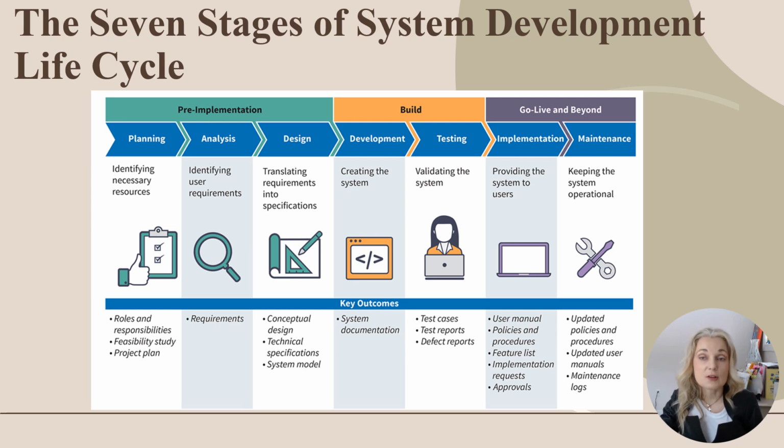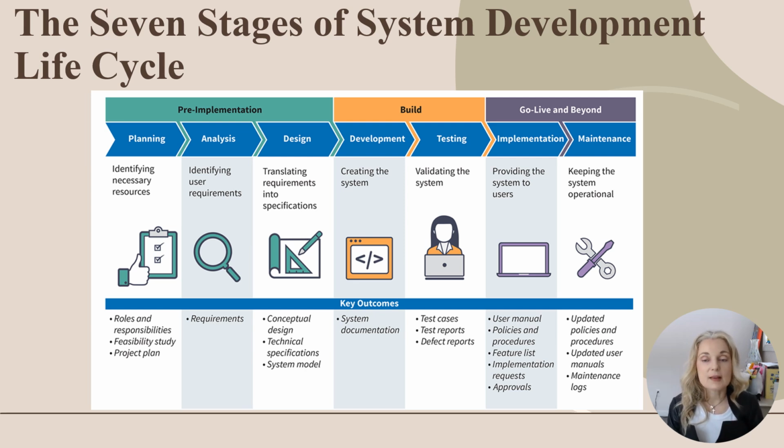Then we have the go live and beyond stage, where the system is actually implemented to the end users. And the key outcomes of that are user manuals. You have your policies and procedures, a features list, an implementation request, and various approvals from management. And then once the system is working, you constantly have to maintain it to make sure it's operating properly.